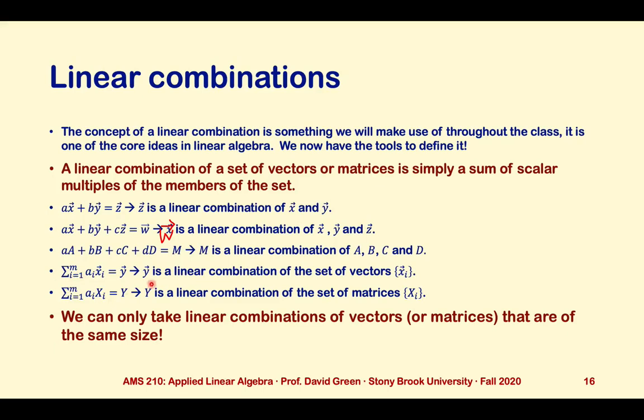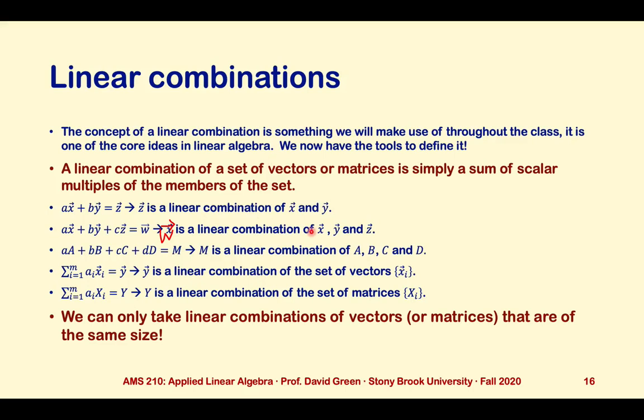In a more general, abstract definition, we can say that if we take a sum over some set of m vectors and we multiply a constant by each of those vectors through scalar multiplication and add all of those terms up, the result is a linear combination of the set. We can apply the same rule to vectors or to matrices and have the same result.